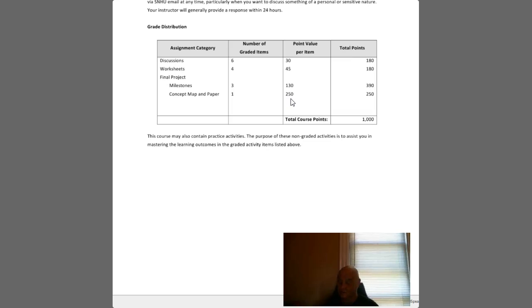SNHU applies this standard, and I think it's useful, in that if you do the milestones correctly, you will be able then to have the paper completed. Basically, you can combine the elements of the milestones into your final concept map and paper, and it shouldn't be any problem. It's kind of neat the way that works. So please keep that in mind.